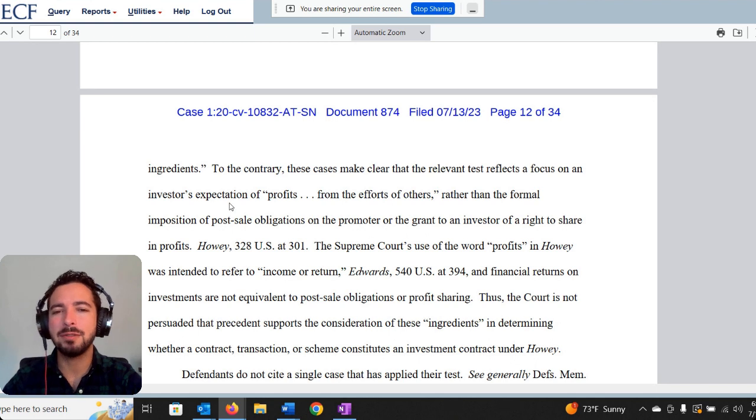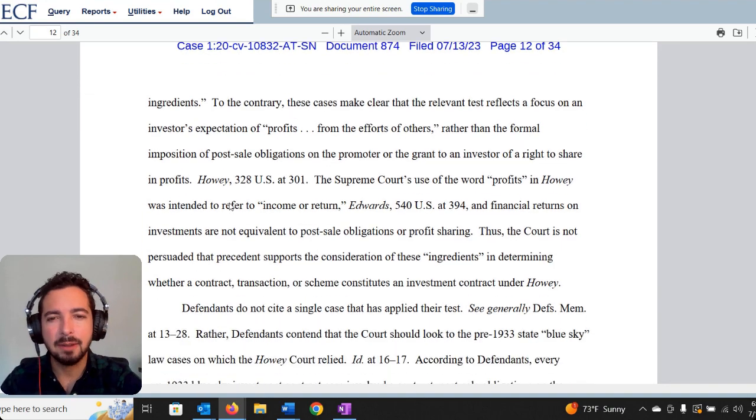The expectation of profits from the efforts of others. It doesn't require a contract. The definition that Howey puts forth doesn't say anything about a contract, so that doesn't make any sense. That's what the court is saying.